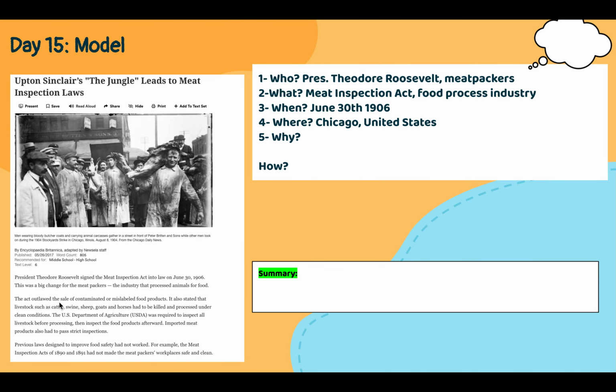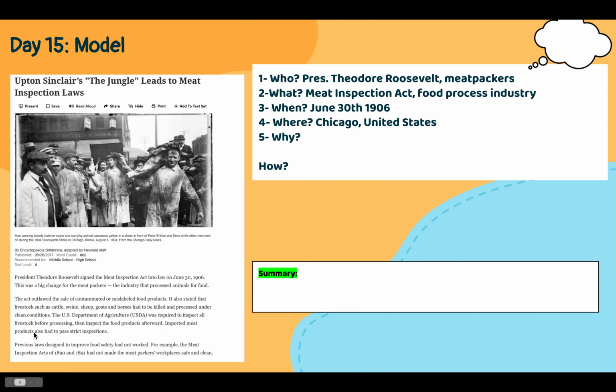The act outlawed the sale of contaminated or mislabeled food products. It also stated that livestock such as cattle, swine, sheep, goats, and horses had to be killed and processed under clean conditions. The U.S. Department of Agriculture, USDA, was required to inspect all livestock before processing, then inspect the food products afterward.